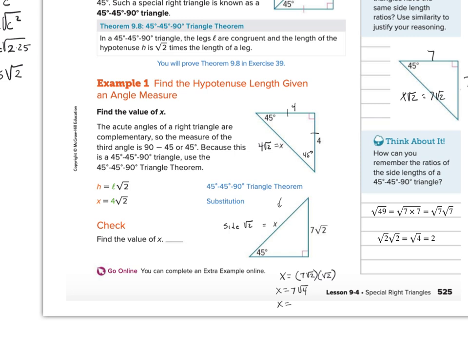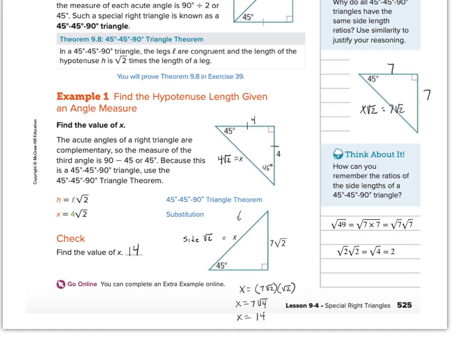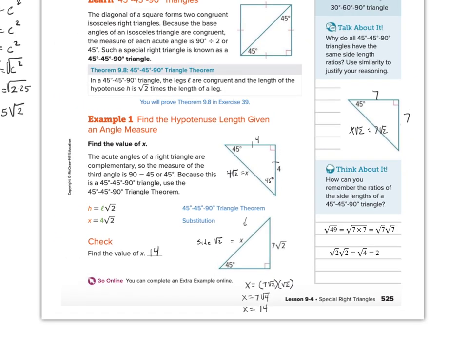We know the square root of 4 is 2, so 7 times 2 is 14. So in this case, x is equal to 14. We had to do some combining of the radicals, but we're just going through the motions and solving with the information we have.